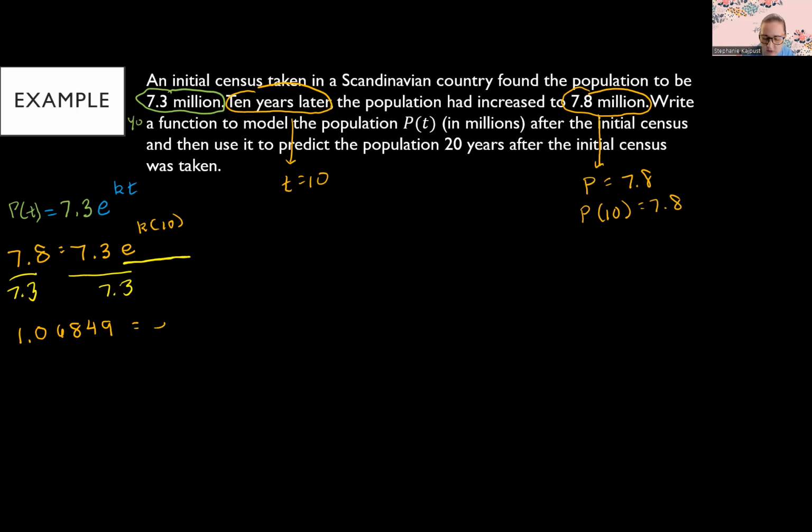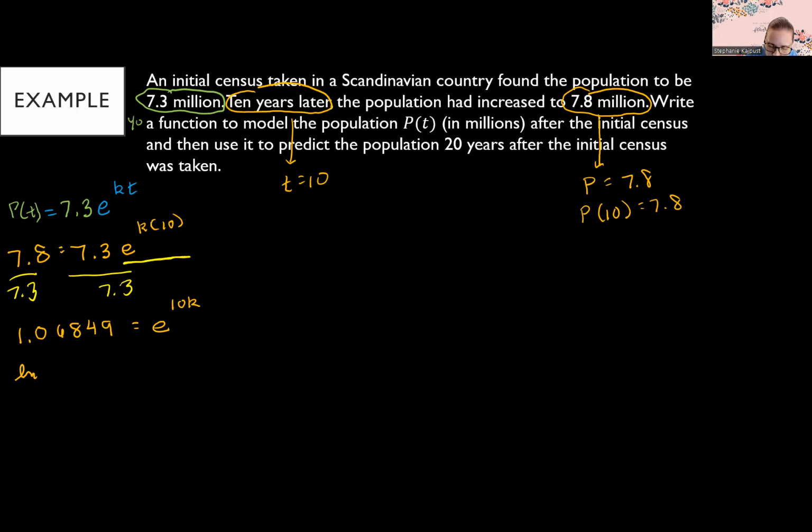And then this is equal to e to the 10k. Instead of writing k times 10, I'm just writing it as 10k. So we are solving for k. When you're solving for the thing that's in the exponent, you're going to take a logarithm, and because the base is e, we're going to use the natural log. So I need to take the natural log of both sides.